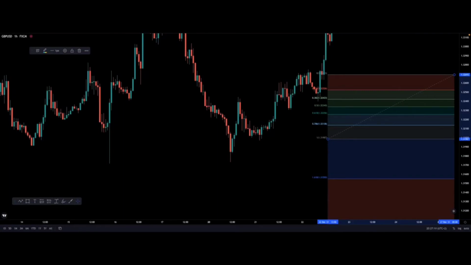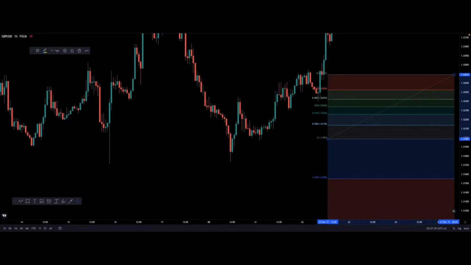So if we backtrack and plot the fib retracement tool onto the chart and dissect the chart and actually have a look at what these levels correlate to, you'll see that once again, just like anything else, it comes down to horizontal critical zones: support, resistance, supply, demand.